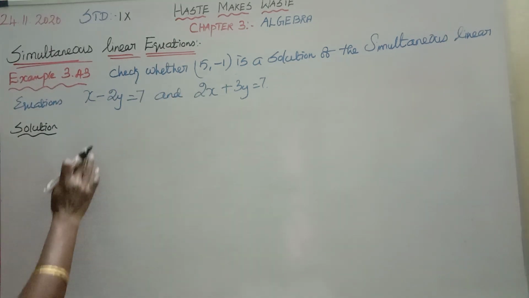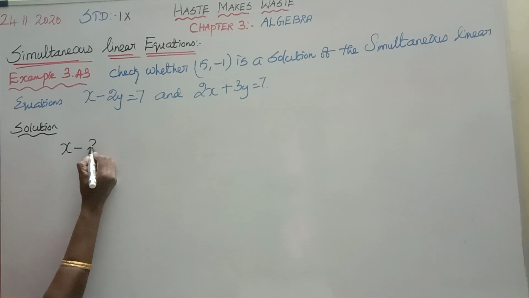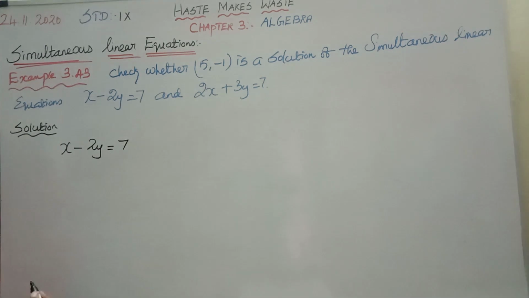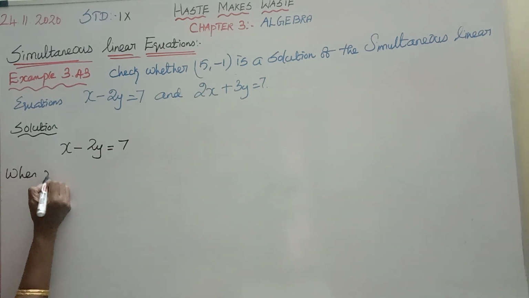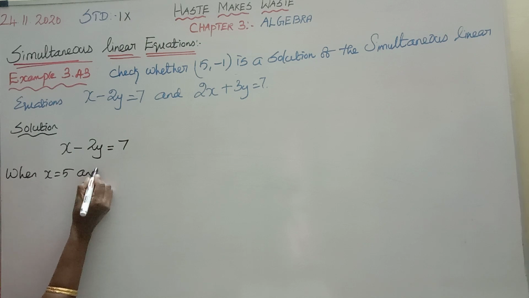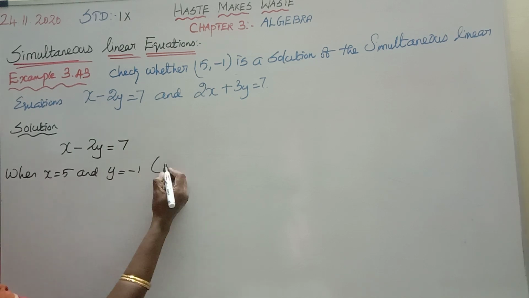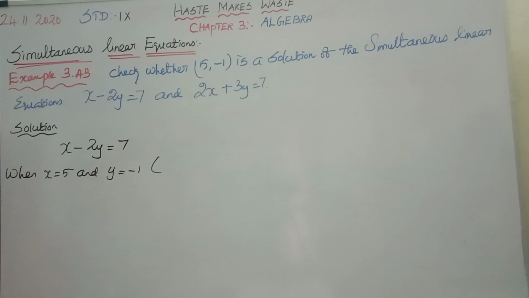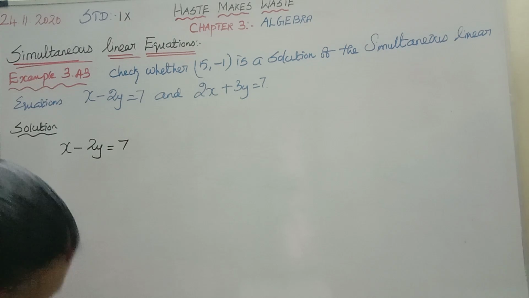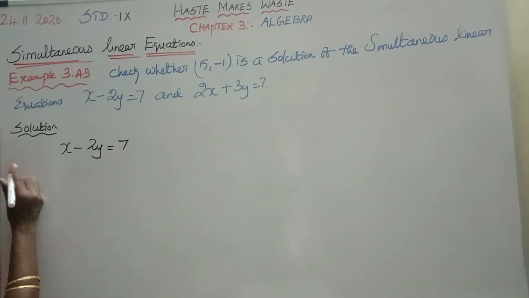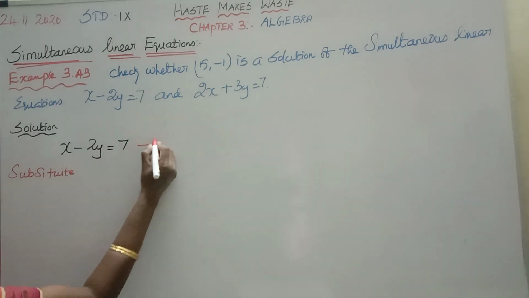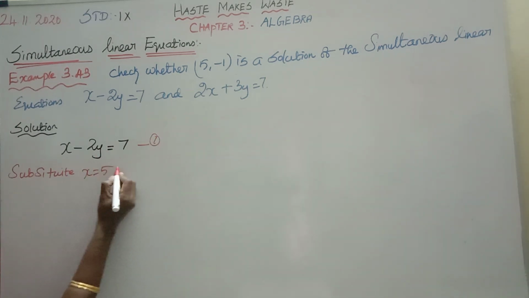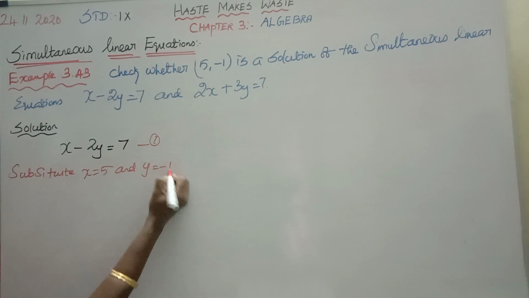Now take the first equation, x minus 2y equal to 7, and substitute x is equal to 5 and y equal to minus 1.